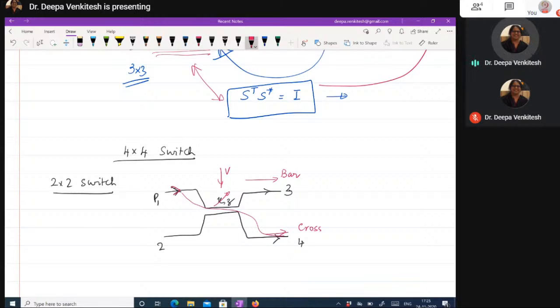Right? Now, how do you make this into a 4 by 4 switch? You can keep cascading this, and that is what is shown in the diagram. You have one switch, you get two outputs. Now that output you further give to two more switches, and you can keep cascading, and you can build a 4 by 4 switch using 16 2 by 2 switches.